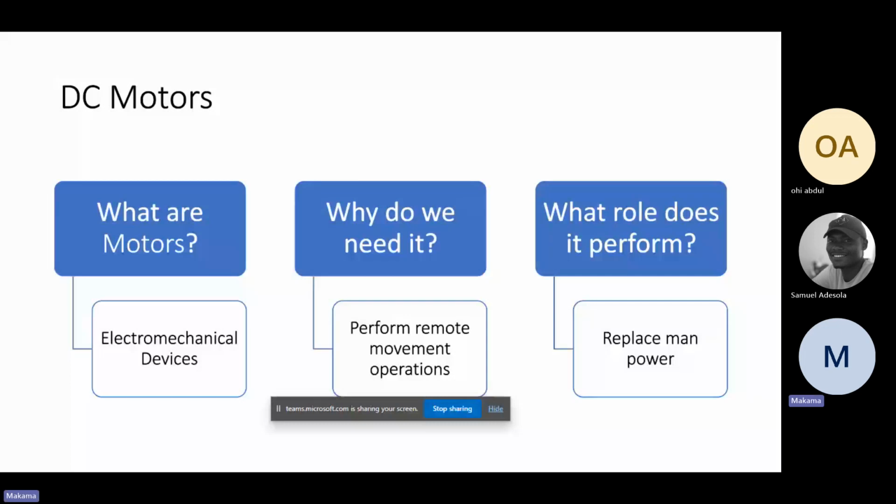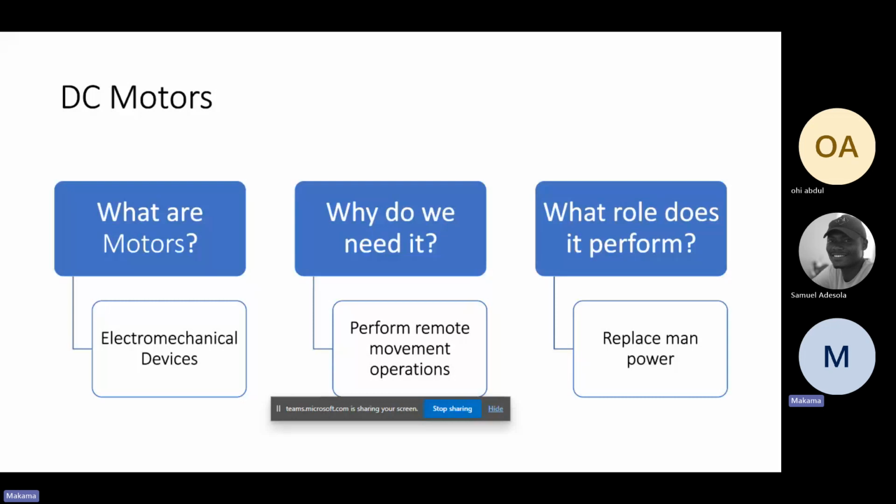So what are motors? Now we are talking about DC motors because we have several types of motors. In short, DC motors are electromechanical devices. When we say a device is electromechanical, we mean that the device operates in an electrical manner and also in a mechanical manner.